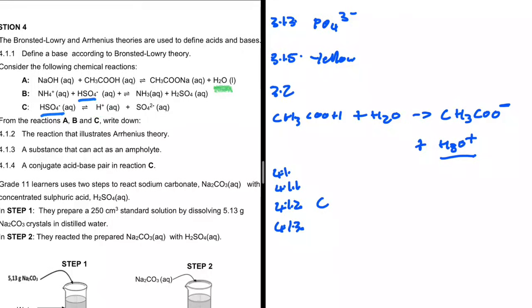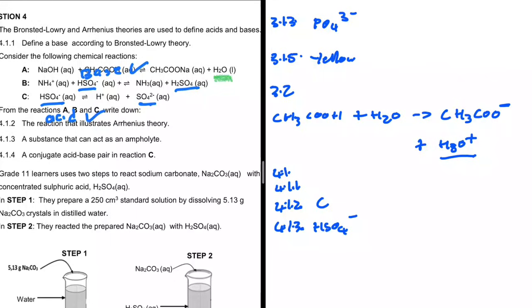In reaction B, it accepts a proton to become H2SO4. So if it accepts, then it is a base in reaction B. And then in reaction C, it donates a proton to become SO4 2 minus. So it is an acid in reaction C. So it is acting as both an acid and a base. The answer to 4.1.3 is therefore HSO4 minus, because clearly in B it is acting as a base, and in C it is acting as an acid.